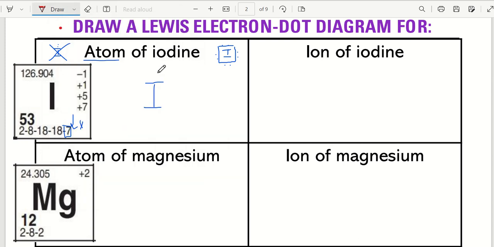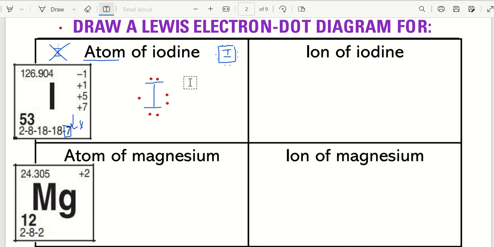All right, so ready? I need 7 dots. So I'm going to do it like this. 1, 2, 3, 4, 5, 6, 7. All right, that's it. Now, I could have started somewhere else as long as I have one singular one over here.